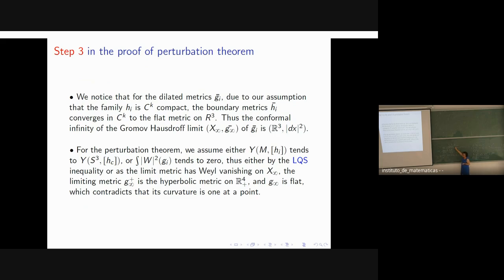Originally it's compact, so we scale it. So this HI bar on this boundary actually has a limit going to the flat metric on R3. That we know. So this sequence of metrics has its conformal infinity R3, flat R3.